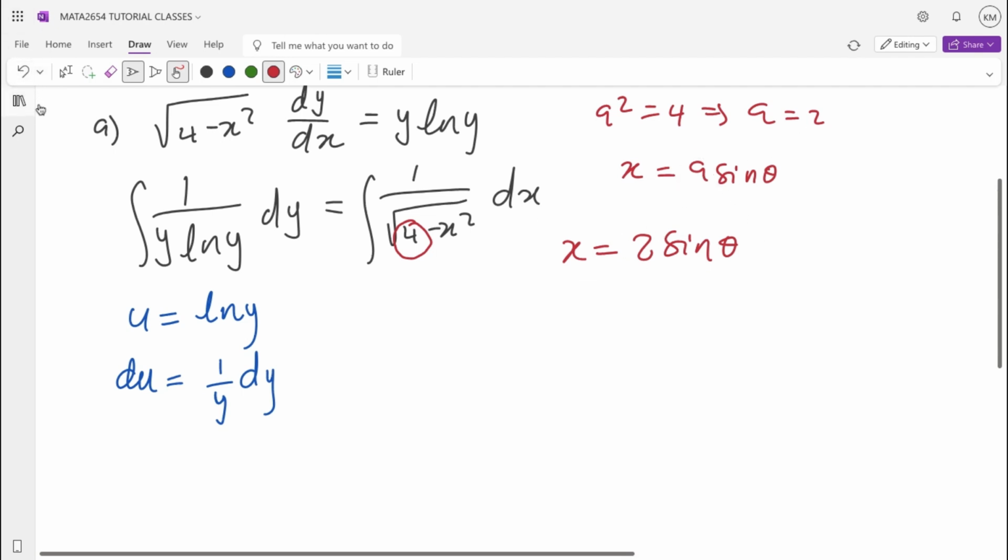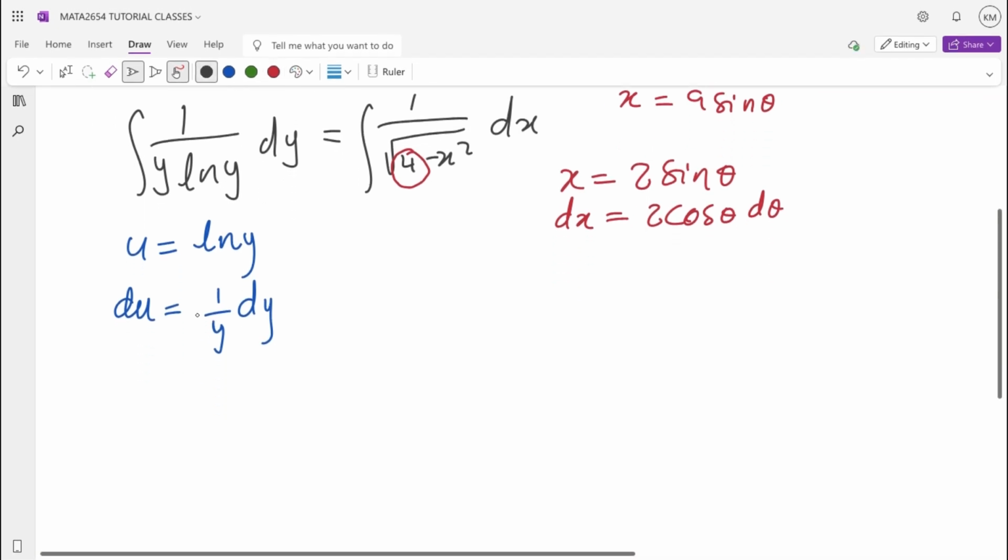Okay, now once we have something like this, we can start differentiating. Say dx, now it's just going to be 2 cos theta d theta, right? Then let's go and plug that into our integrals. We're going to have what? For the left hand side, we're basically going to integrate 1 all over u du, right?